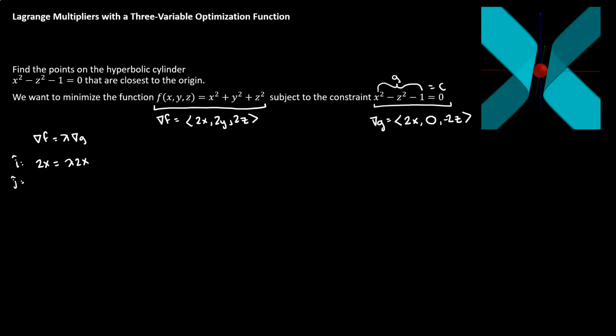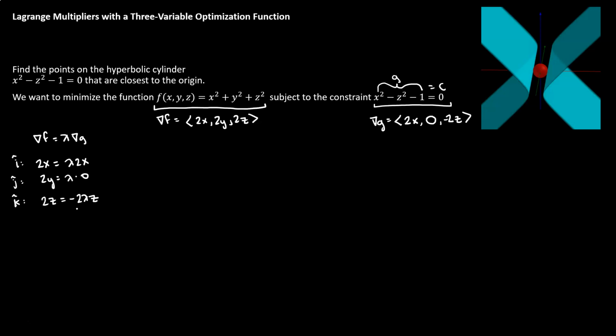The j hat component from gradient f is 2y. From lambda gradient g is lambda times 0. And then the k hat component from gradient f looks like 2z. And from lambda gradient g looks like negative 2 lambda z.